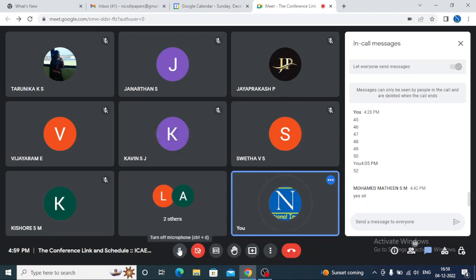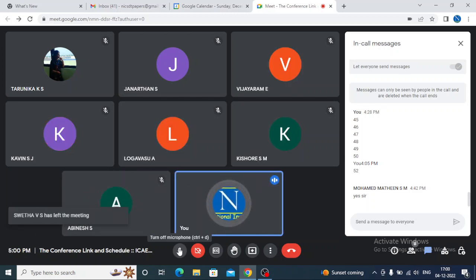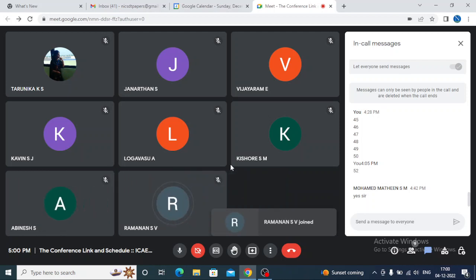Kishore, Kavin, please tell me your paper IDs. Vijayram, Janardhan, please tell your paper IDs.